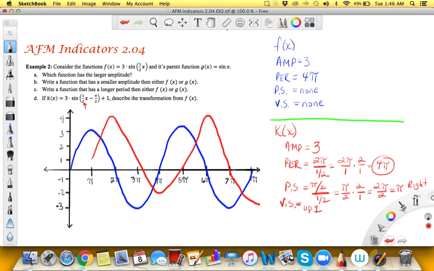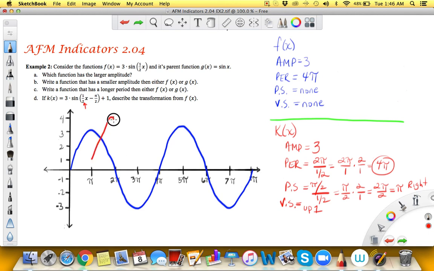Now this is slightly off. In fact, let me redo this. This one is rather tough to draw. So it goes here, it goes up to 4. Uh-oh, one more time.